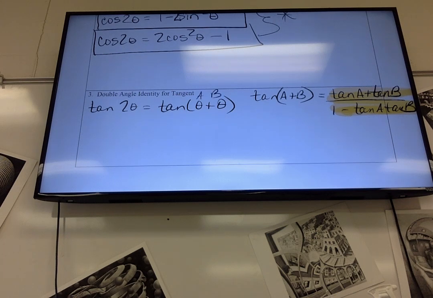So that's A plus B. Tangent theta plus tangent of theta over 1 minus tangent of theta times the tangent of theta.